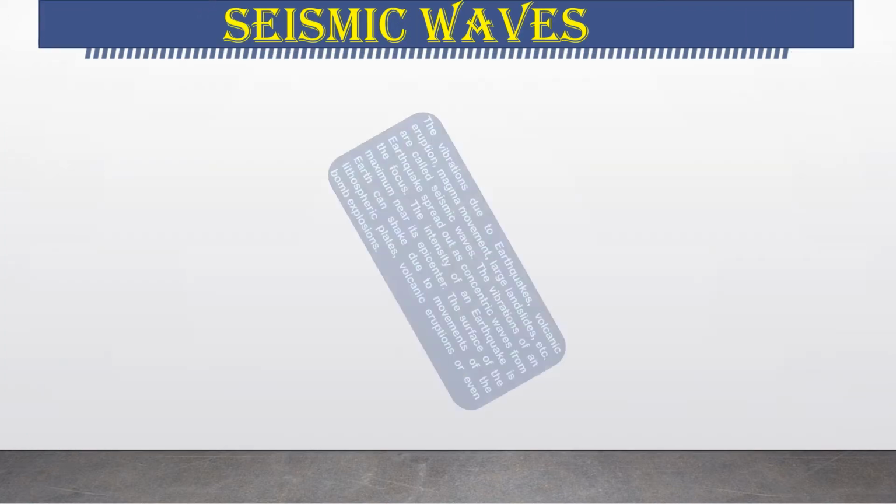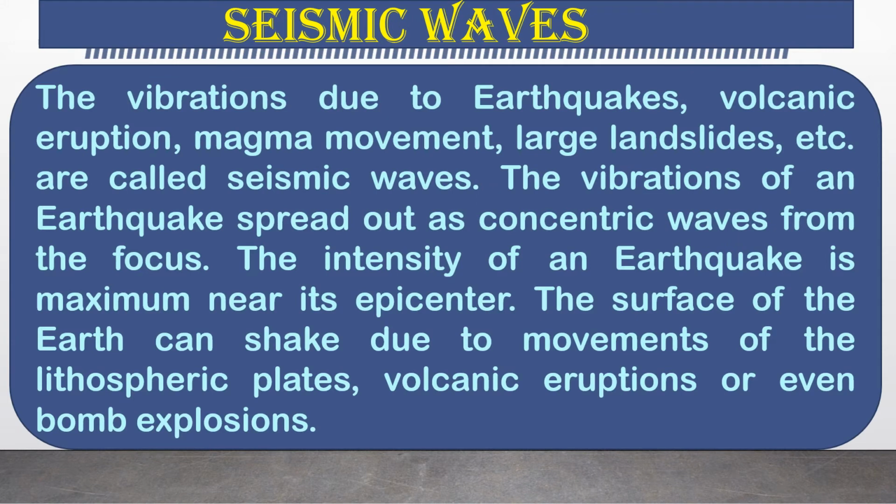Now just look at the seismic waves. What are seismic waves? They are the vibrations due to earthquakes, volcanic eruptions, magma movement, large landslides, etc. The vibrations on the surface of the earth due to these reasons are called seismic waves.